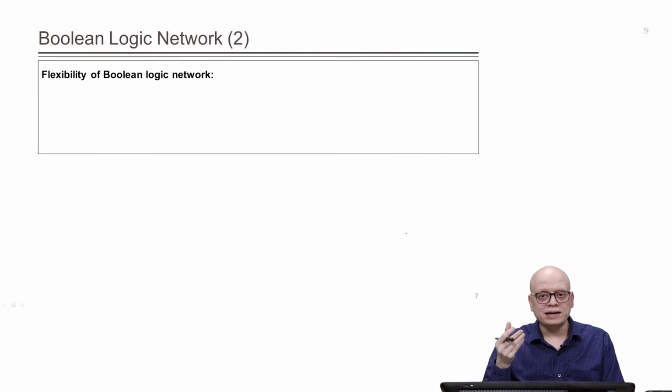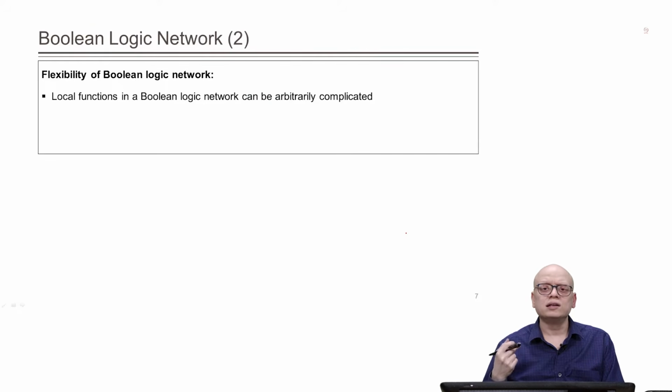For example, AND gate, OR gate, whatever we have chosen. However, in a Boolean logic network we do not have that kind of constraint. The local function can be anything. Any complicated Boolean function can be a local function for a vertex. So, that is why it is more flexible than the logic circuit.